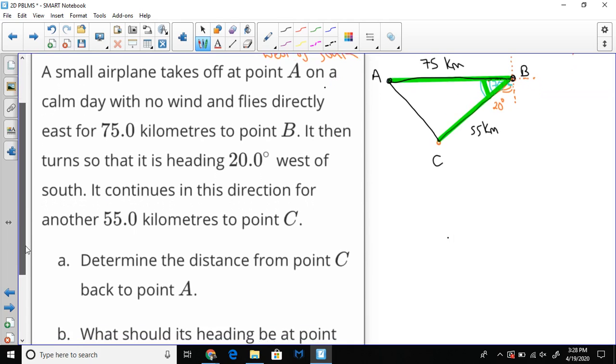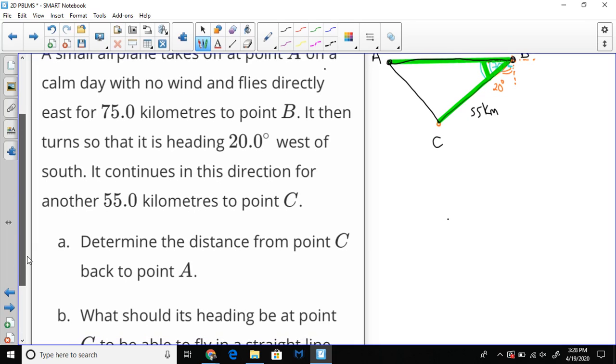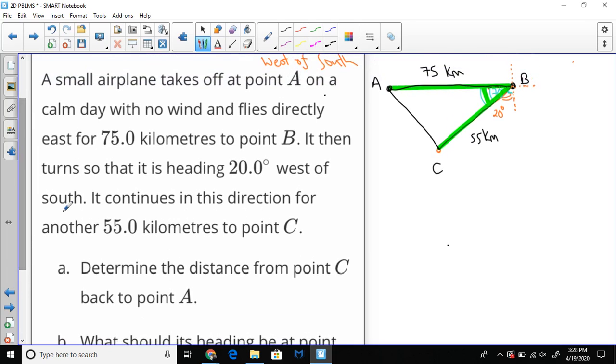So when I get to part A, it says determine the distance from point C back to point A. So here, we want to figure out this, which is side b, because that's opposite angle B. So for part A, we will use the cosine law to solve for side b.